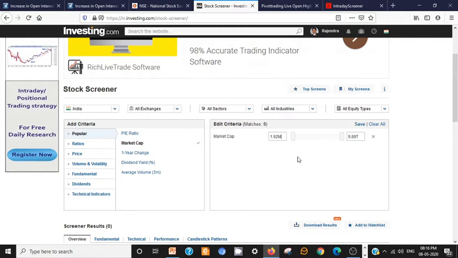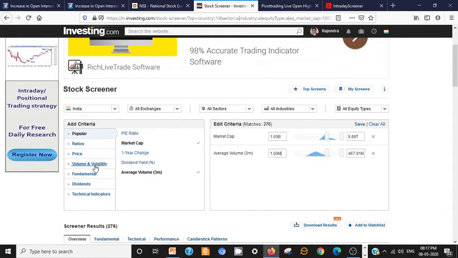Then the average traded volume: go for 1 million. The purpose of selecting this particular criteria is to pull out the top 100 stocks of the Nifty. These are the stocks which are normally traded for intraday.